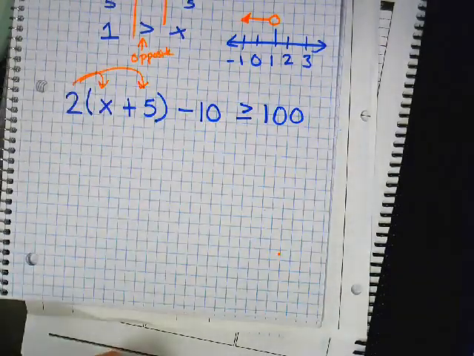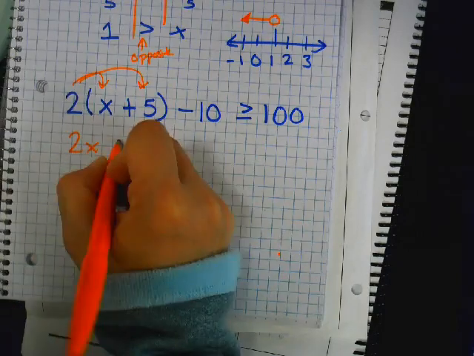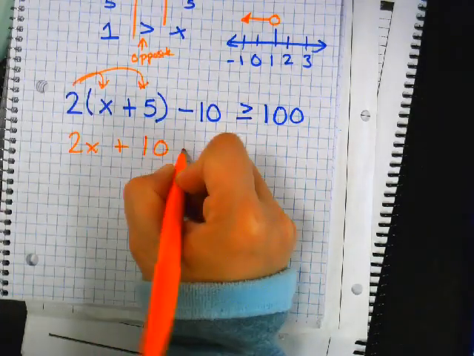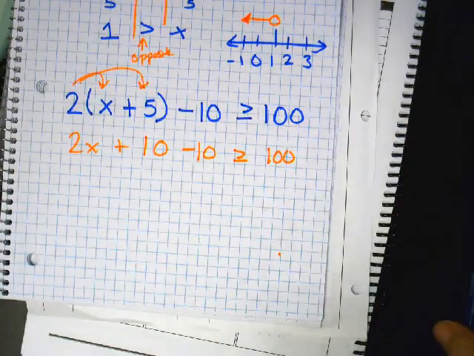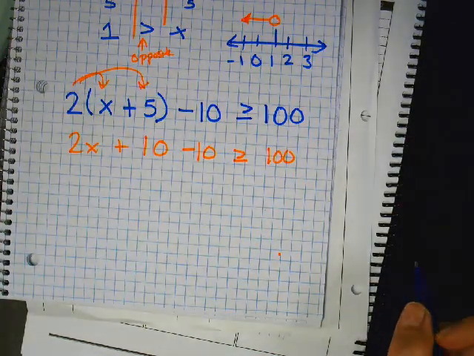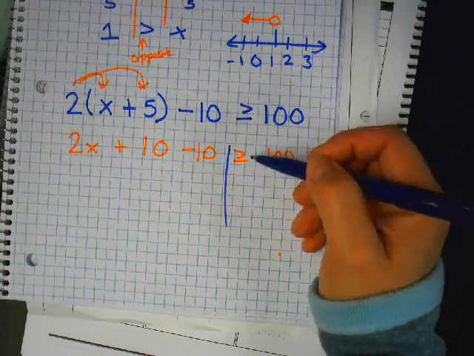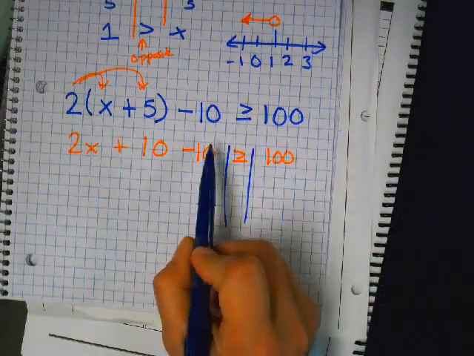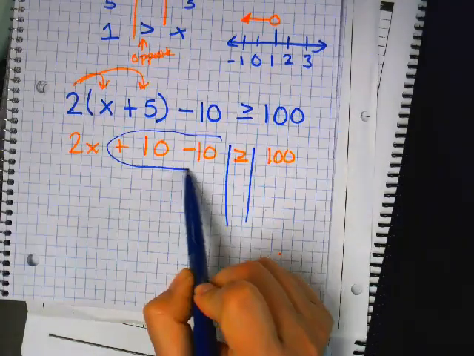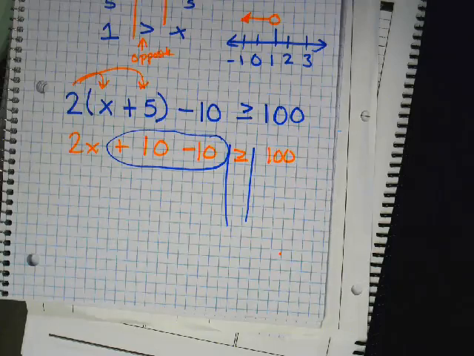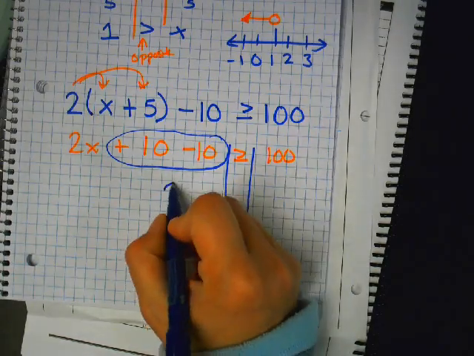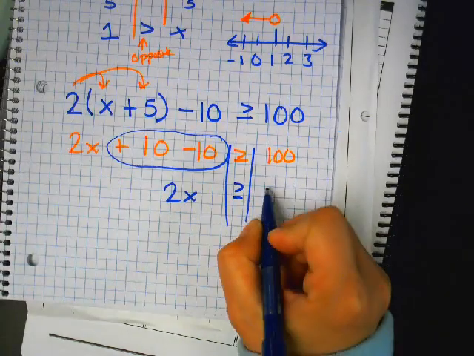What do you get? 2x plus 10 minus 10 is greater than or equal to 100. So then you do the 10 minus 10. What do you get? 0. 10 minus 10 is 0. So all you're left with is 2x. 2x is greater than or equal to 100.